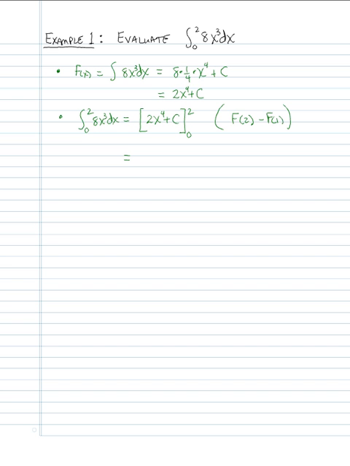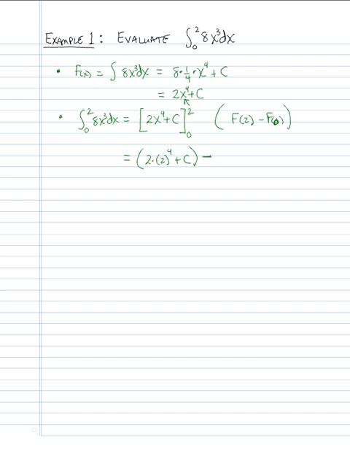So when we put 2 in for capital F, we just replace this x with a 2, don't we? So we'll have, let's write it in here, 2 times, instead of x, we have 2, and that's to the 4th power, and then plus our c. And then we subtract what we get when we put, oh, what did I do here? That's F of 0 over here, I apologize.